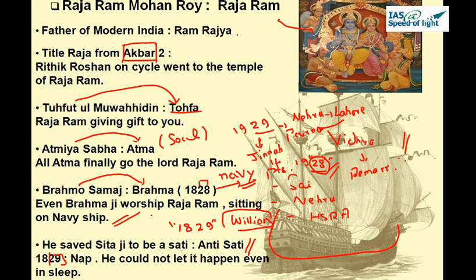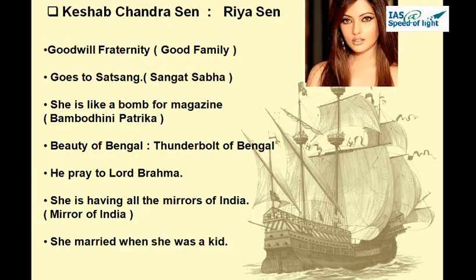Right. Let's move ahead to Keshav Chandra Sen, that is KC Sen, and our picture for KC Sen would be Riya Sen. Riya Sen is a very beautiful Bollywood heroine, actress. So Riya Sen is going to be the picture for Keshav Chandra Sen or KC Sen. First thing is goodwill fraternity.